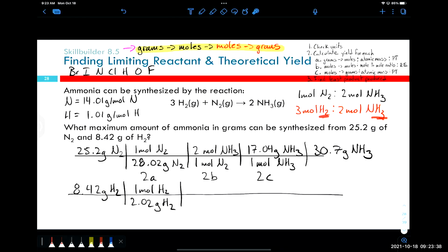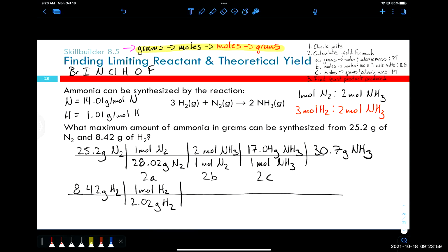It's 2, 3. You might be tempted to look at this and say that we always take the ratio, the one on the left, we always put that in the denominator, and the one on the right, we always put that in the numerator.